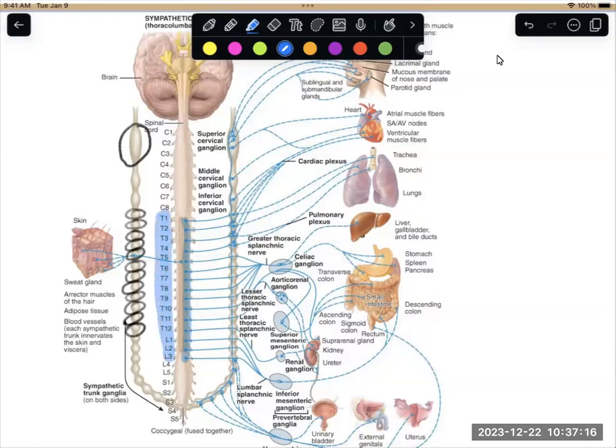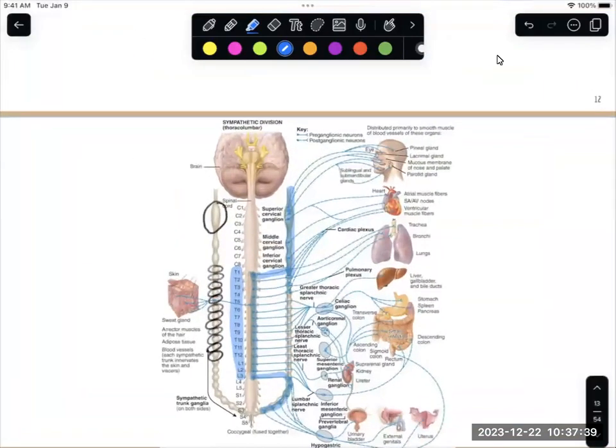So if they're traveling further than that, like up to the face, when they leave, they synapse in a sympathetic ganglia, and they're going to travel up. Or they can travel down those different ganglia to get to the level they need to go out to their specific effector organs.